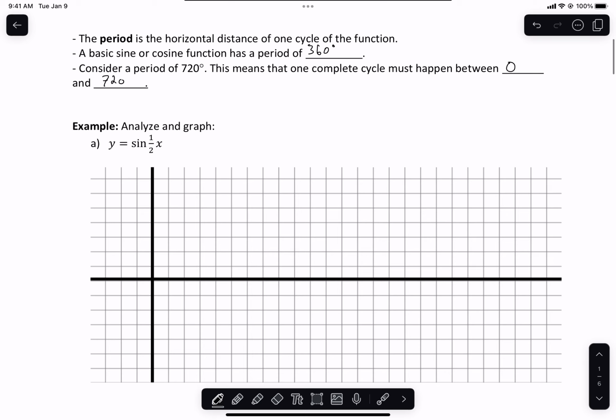So if I label my axes here, let's see if I can count this out right. 90, 180, 270, 360. Another 90 makes 450, 540.